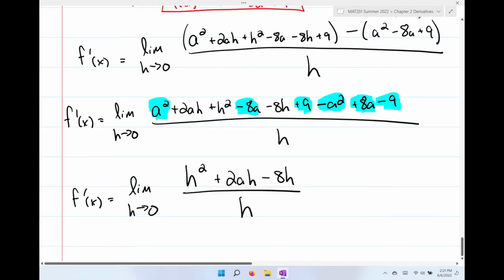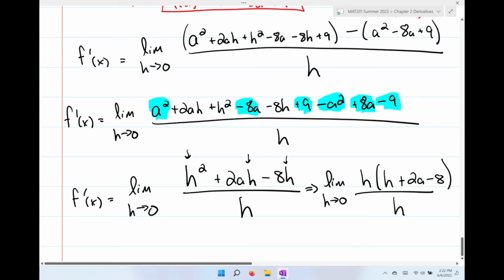The beautiful part about this: look at the denominator. We know it's an h, and we cannot use direct substitution. However, in the numerator, every single term has an h, which means we are going to factor out an h. That gives us h times the quantity h plus 2a minus 8, all over h.